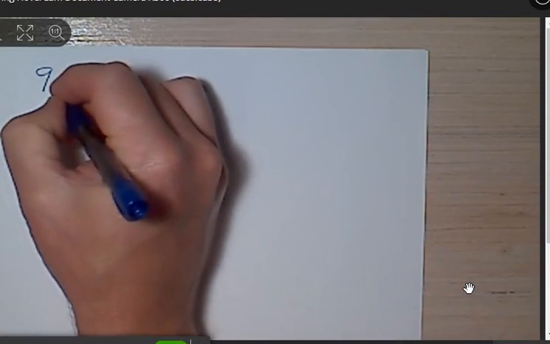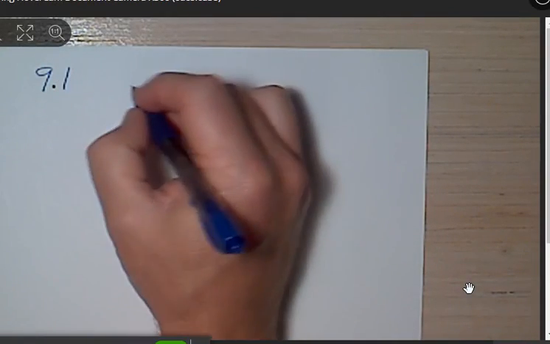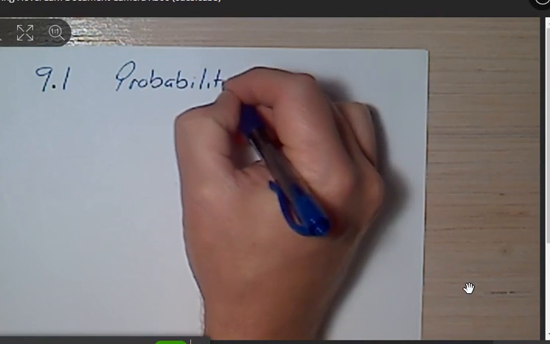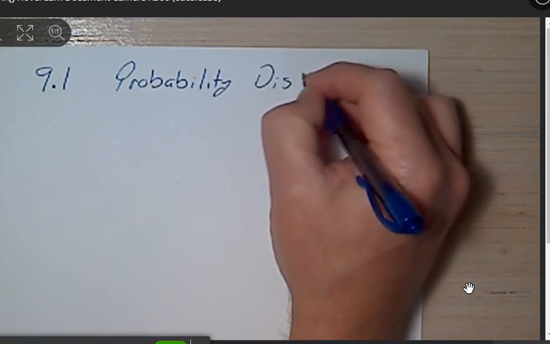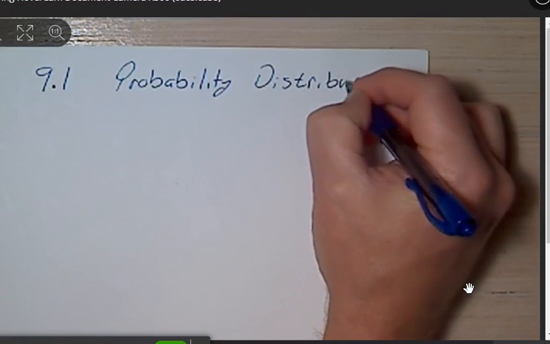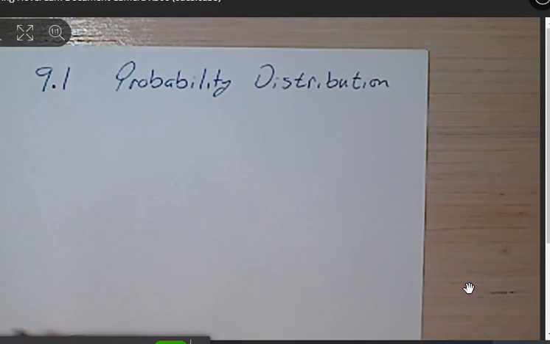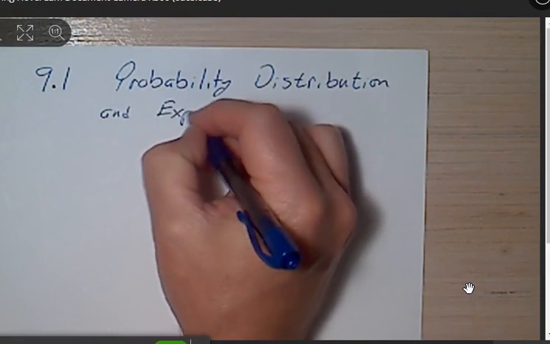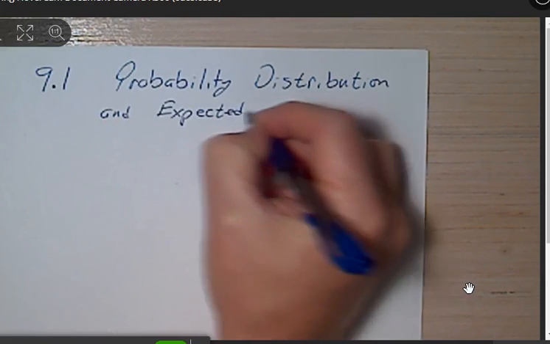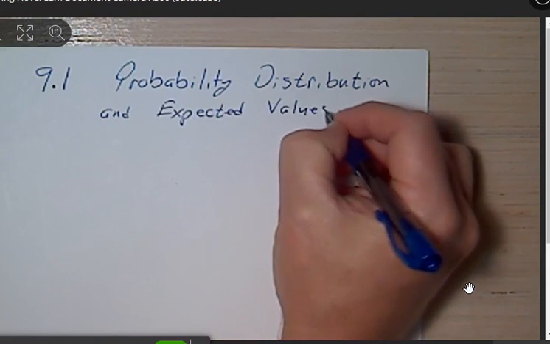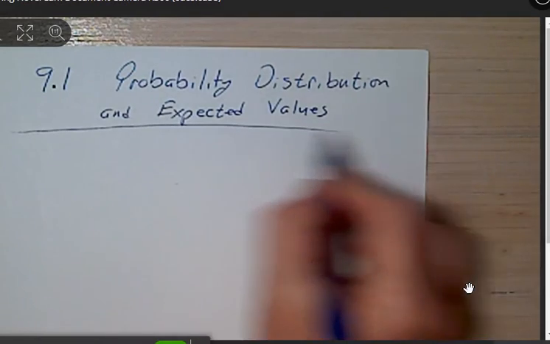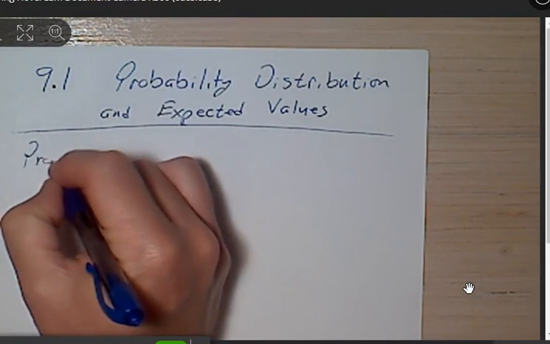That with 9.1, it is probability distribution and expected values. Okay, so the very first thing with it is a probability distribution.